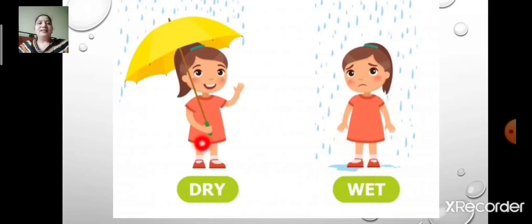This girl's clothes are dry and this girl's clothes are wet. So, dry, D-R-Y, and wet, W-E-T. Dry and wet are the two opposite words.